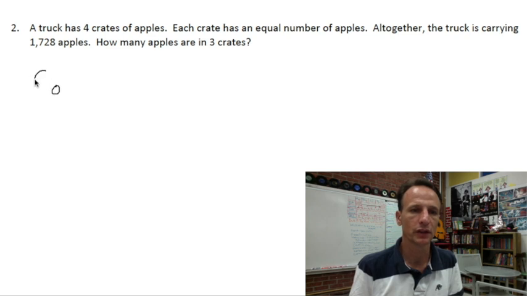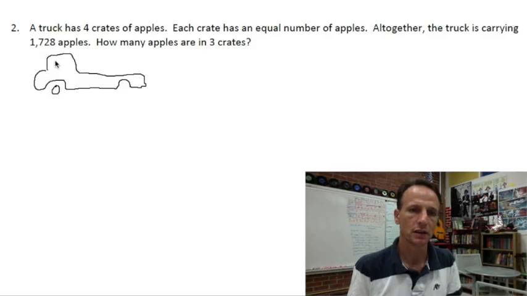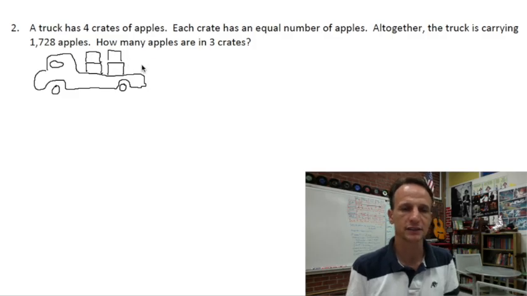So here is my jacked up truck. It's kind of a flatbed. All right, get another wheel. All right, and so we have 1, 2, 3, 4 crates on it.